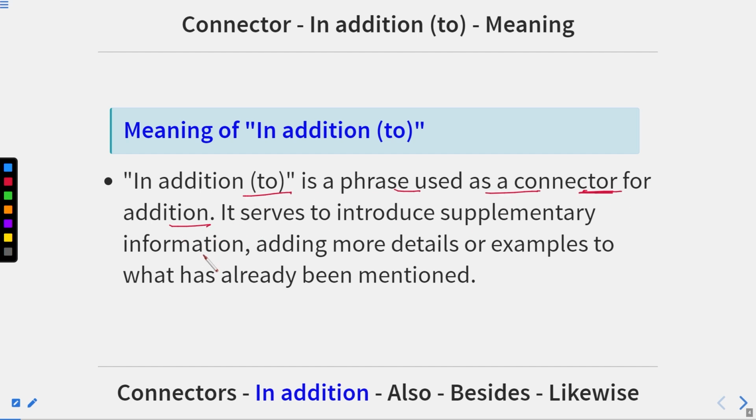So when we add something to some point which is already given, we use in addition to. It serves to introduce supplementary information, adding more details or examples to what has already been mentioned. It means when we add the extra information about that particular thing which is already given to us, we can use in addition to.